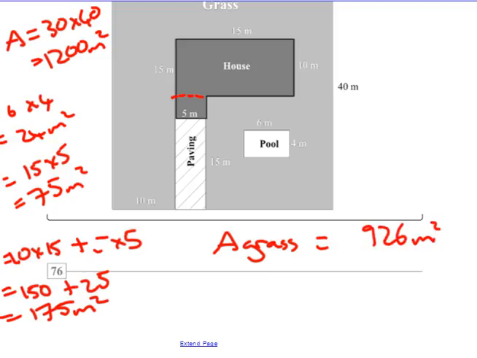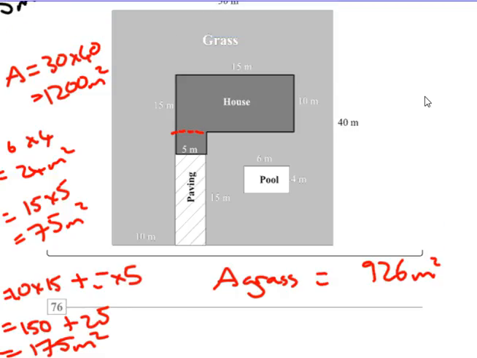Now, your other option, which I'm going to show you in blue on this picture, is to just work out the area of the grass and literally try and break this up into pieces that you can work with. I don't think it's the easiest option here. Sometimes that would be the easier option, so I'm showing it to you as an option. There are times when that is the easiest way to figure out the area. In this case, breaking it up gives me so many different shapes.